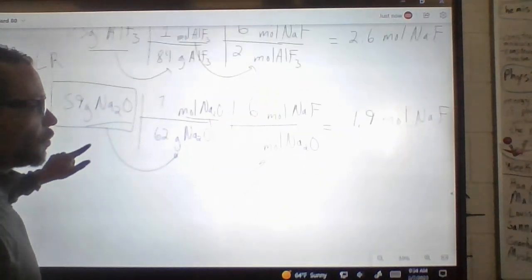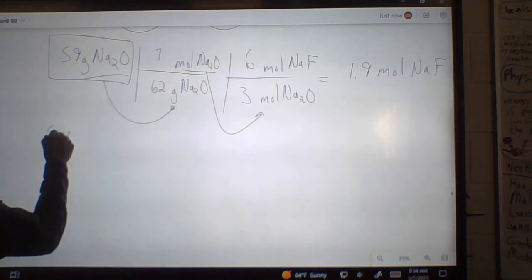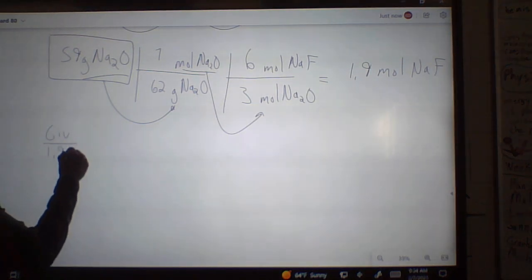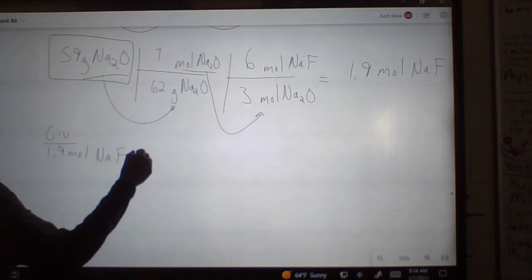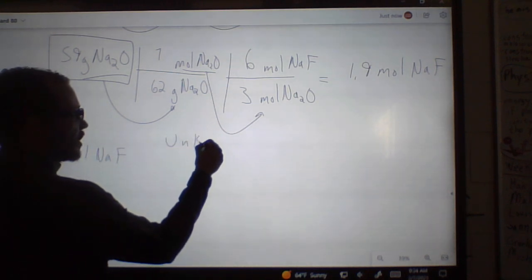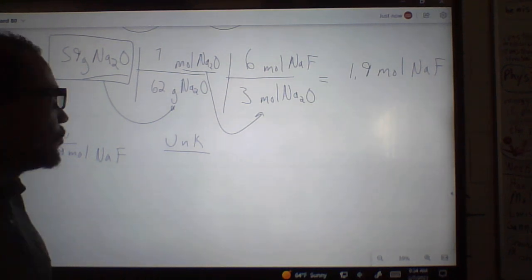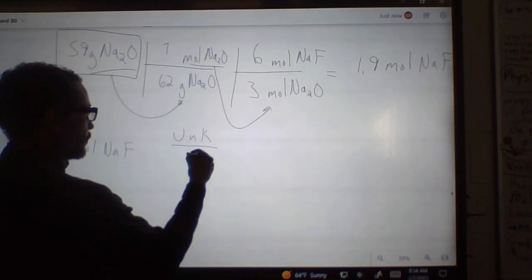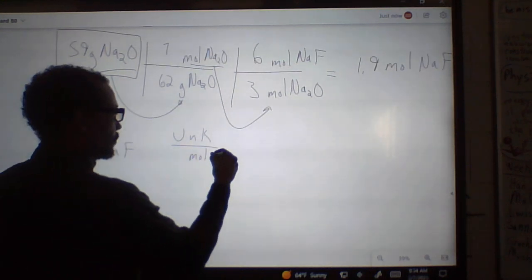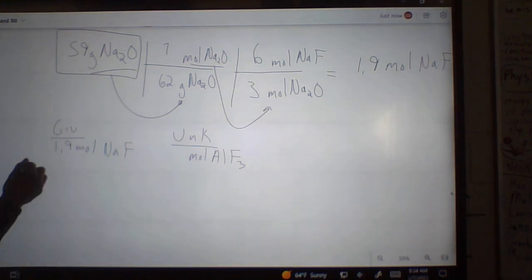All right. So we'll start with 1.9 mole of NaF, and then in this case, I'm going to my excess reagent to see how much of that I use. So my excess one is going to be AlF3. All right.